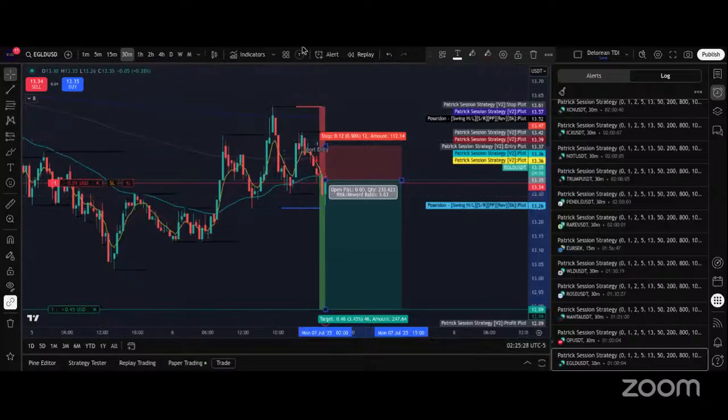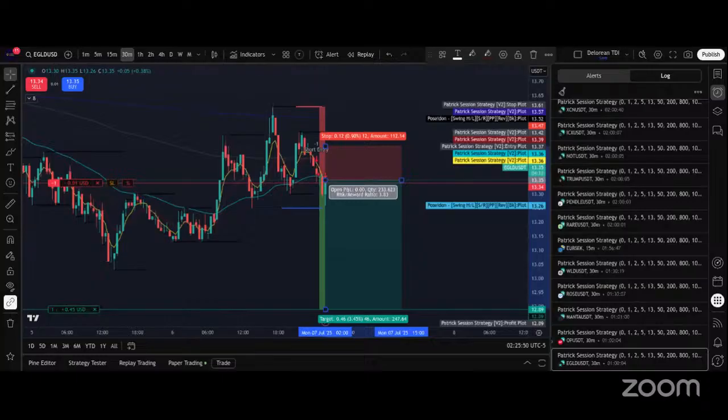Again, another 30-minute confirmation. And EGLD USDT, 30-minute confirmation, market execution sell. There's going to be a 3.83 risk to reward ratio.